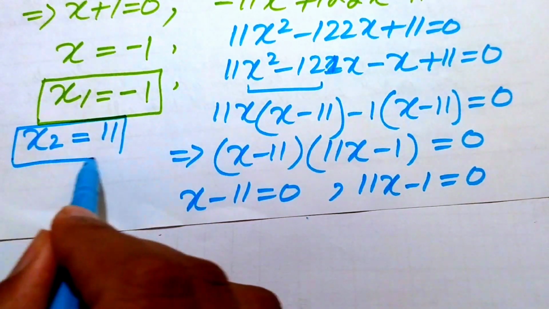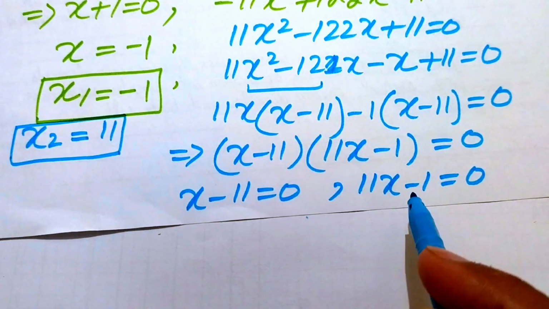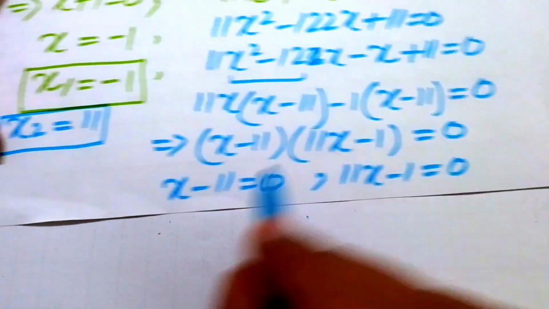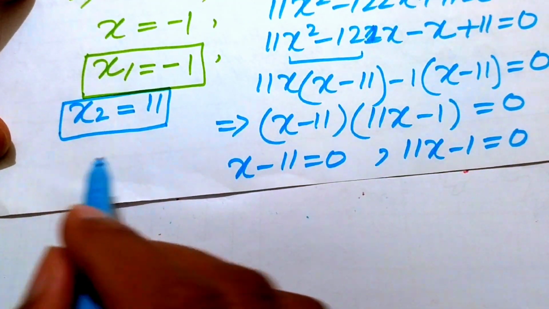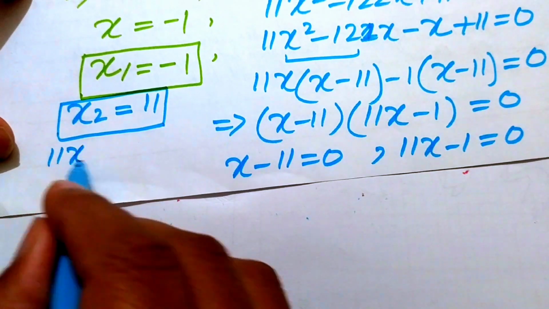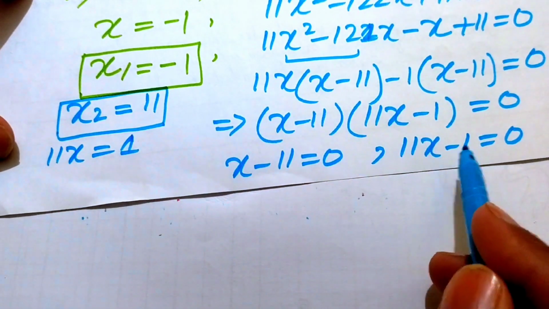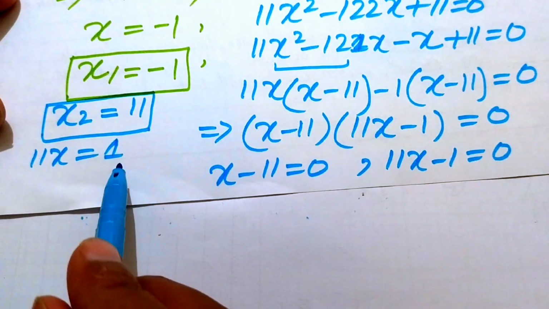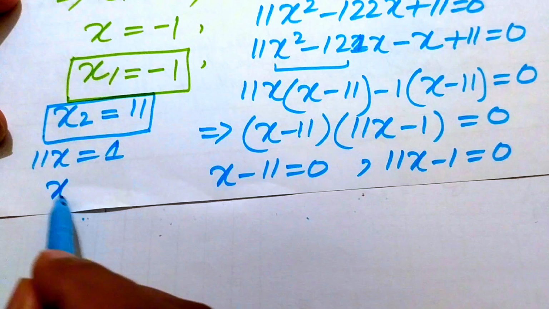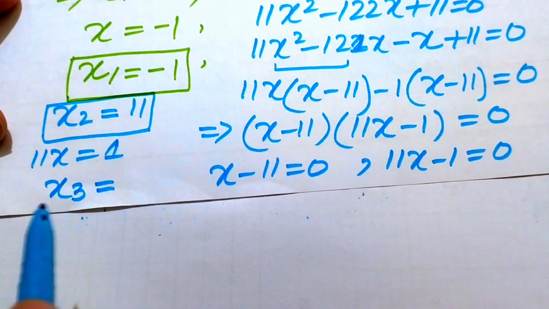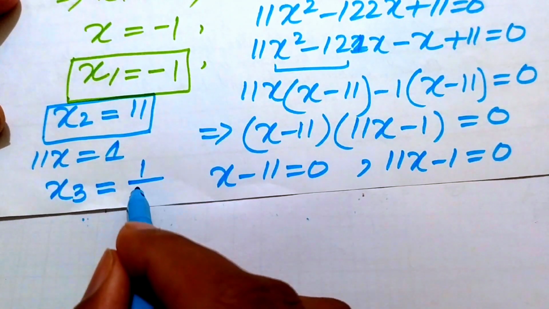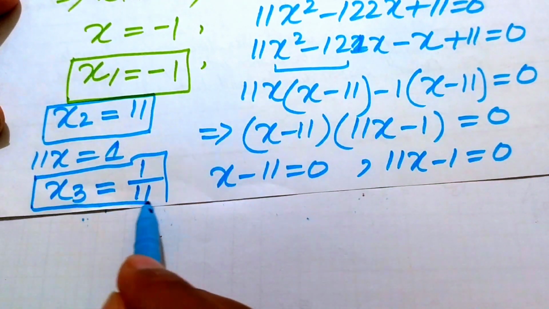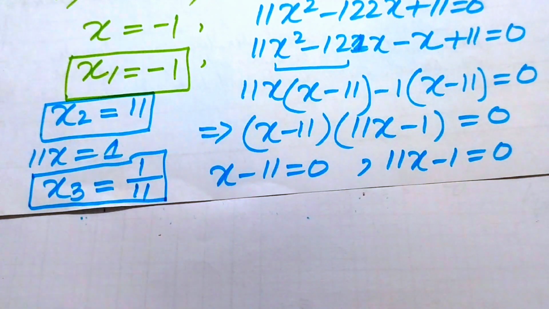So this is the second root of the given equation, and now we first move this minus 1 to the right hand side and we write it as 11x equals plus 1, because we move this minus 1 to the right hand side, and here we divide by this 11 and we get the third root of the given equation, and this root is 1 over 11. So these are the three roots of the given equation, and this is the final answer.